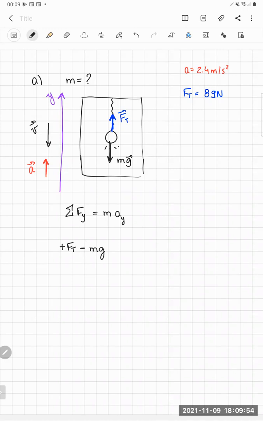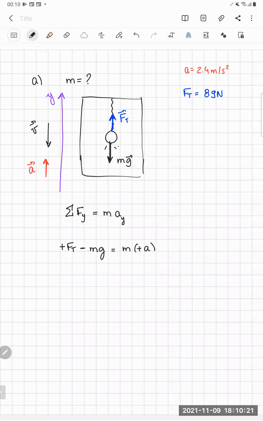And on the right, the sum of all the forces will give us the mass that we are after, and the acceleration. Now, the acceleration is also pointing up, right? The acceleration is against the velocity. The elevator is going down, but the acceleration is against, so the acceleration is pointing up. Up in our frame is positive. So here we have plus a.